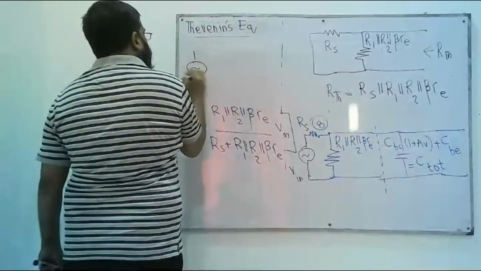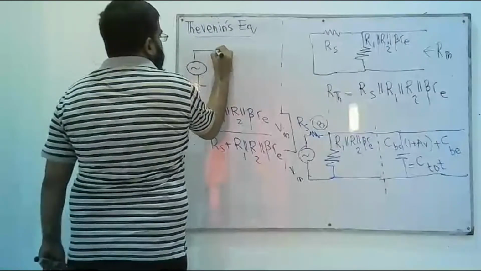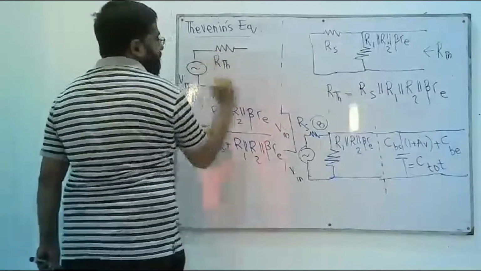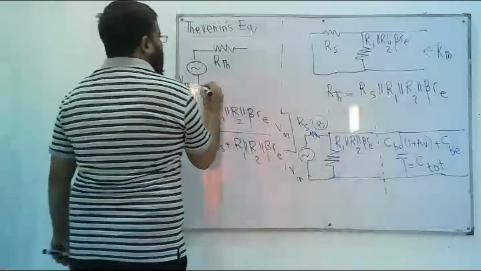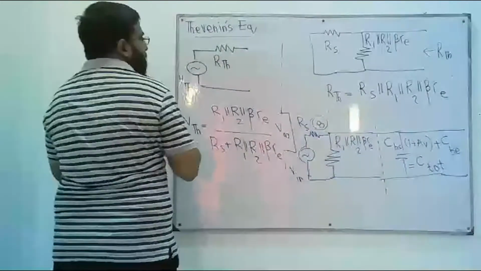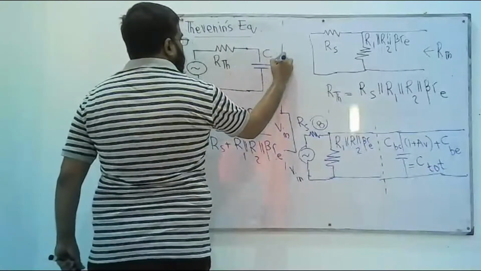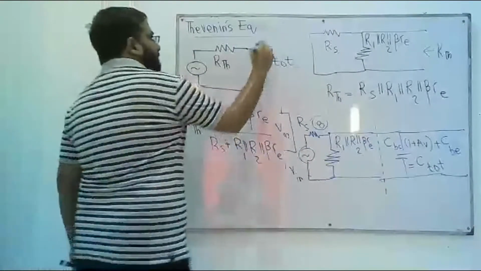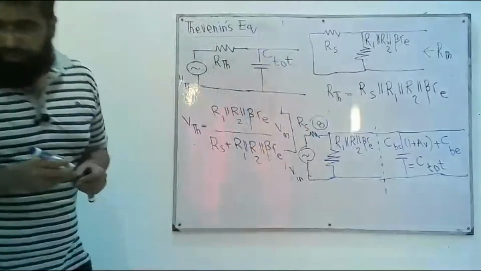For that, we will have this V Thevenin connected as source, R Thevenin in series, that is equal to Rs in parallel with R1 in parallel with R2 in parallel with beta Re, and we'll put the load back, that is this C total. And then we have to find the voltage drop across it. That is very simple. To find that, of course, we'll apply VDR.